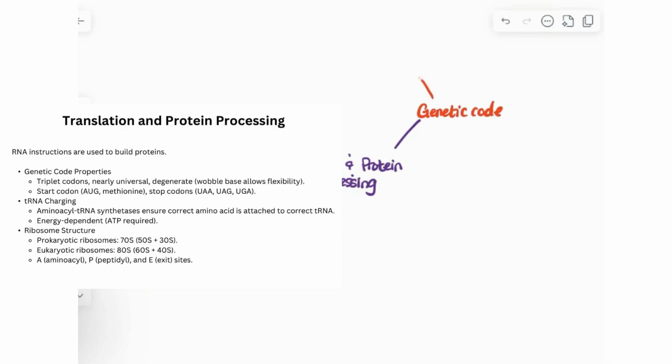From genetic code, we have 3 branches: universal, degenerate, and then wobble base pairing.